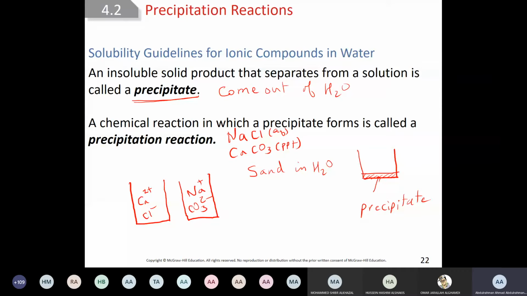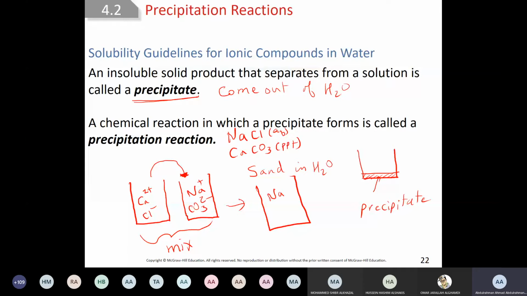These are all dissolving in water. But if I take this one and pour it here, mixing them together, what will happen?